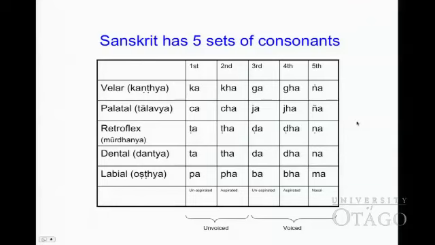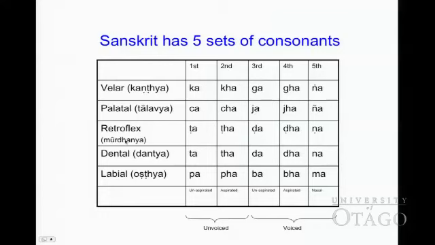The next chart will explain to you the Sanskrit set of consonants. There are 5 sets of consonants. The first set is velar, or kanthya. It is ka, kha, ga, gha, nga. The second one is palatal, or talavya. Start from cha, chha, ja, jha, nya.